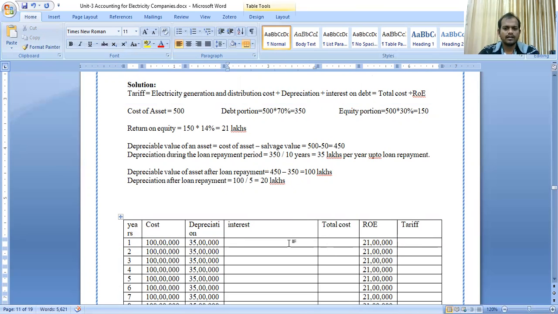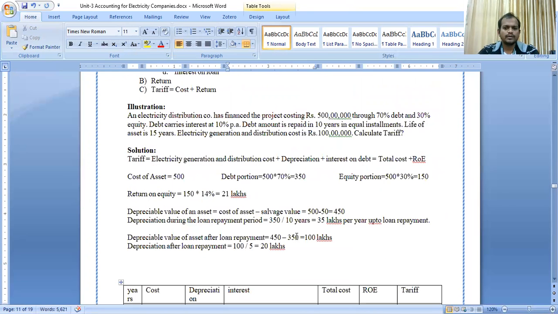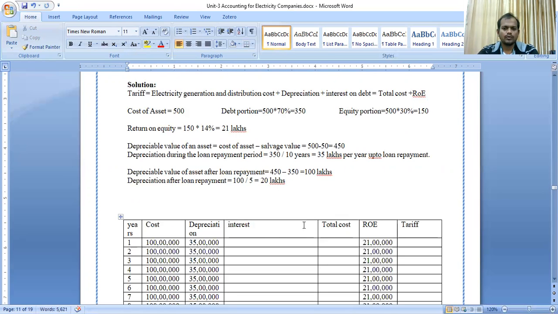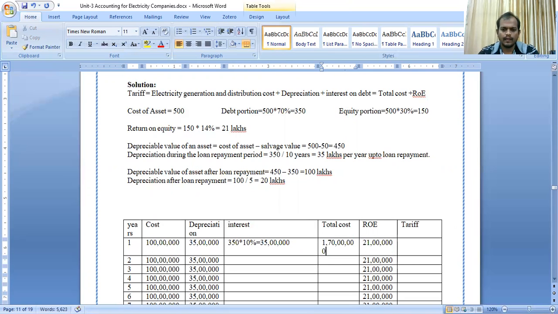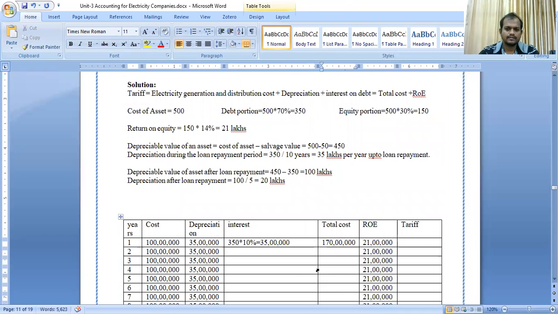So in the first year, the interest will be 10% on debt portion. Debt carries interest at 10% per annum. So in the first year, it is 35 lakhs. So the total cost will be 170 lakhs. Okay.